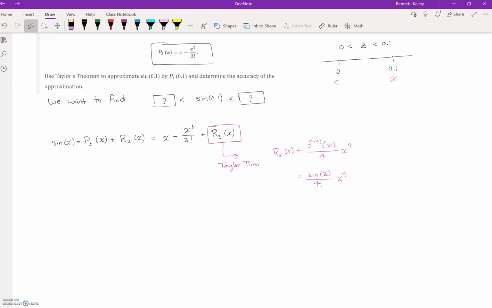So we can go ahead and say that negative 1 over 4 factorial times x to the 4th is less than sine of z over 4 factorial times x to the 4th, which is less than x to the 4th over 4 factorial. And that's because negative 1 is less than sine of z is less than 1 always.